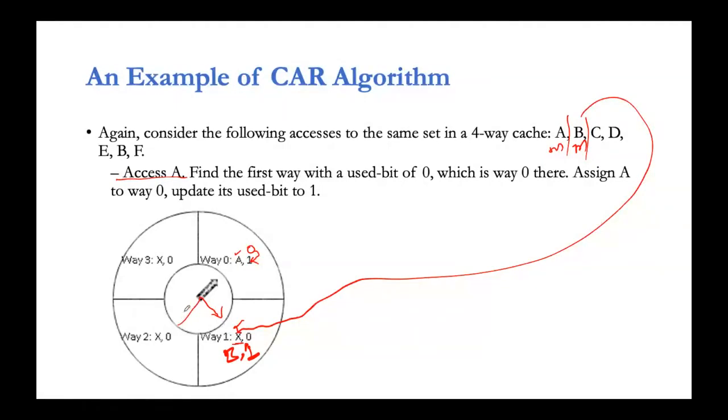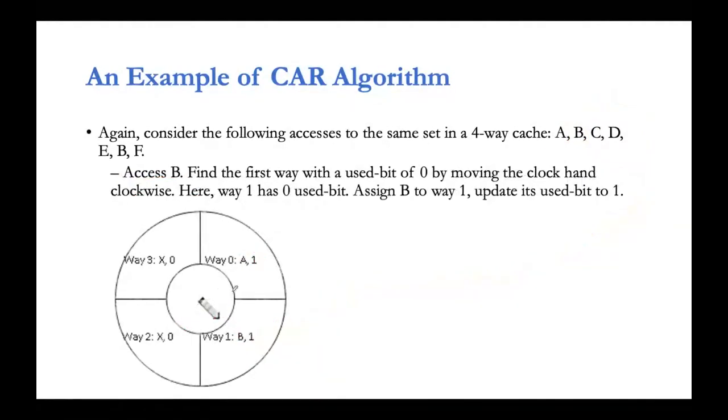Then it advances to the next way, finding the first way with a used bit of 0 by moving the clock handle clockwise. Way 1 has a 0 used bit, so we assign B to way 1 and update its used bit to 1. Once that is done, the clock handle advances to the next way.